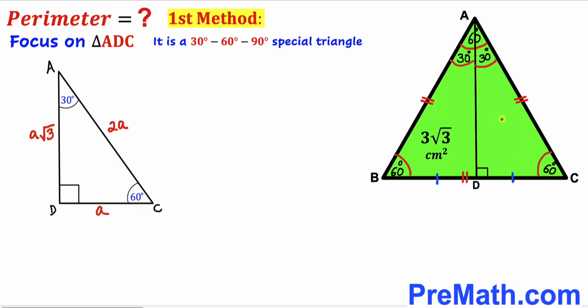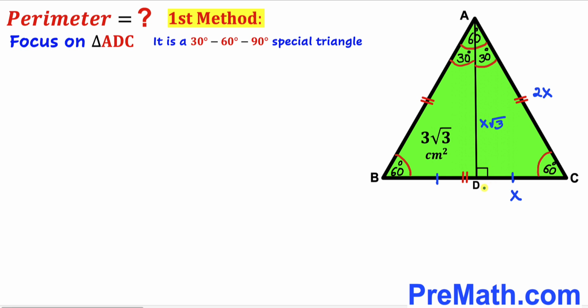So therefore, if we focus on this 30, 60, 90 special triangle, and this side CD, which is our smallest leg, if I label this one as x, then this longest leg, the hypotenuse, is going to be 2 times x, and this third leg has got to be x times the square root of 3.